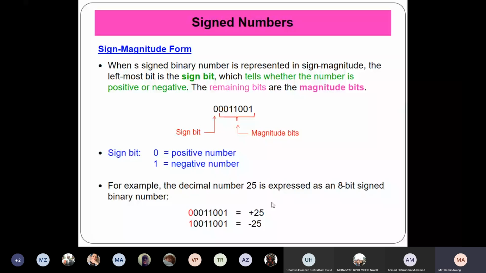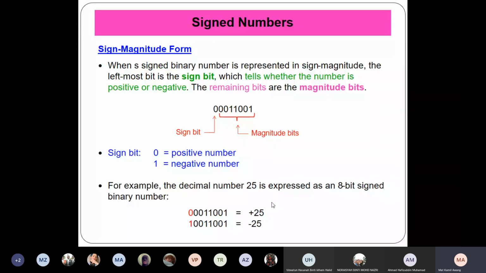Now it's signed numbers. Somebody asked me, how are we going to indicate in binary that a number is a negative number? In this case, we call it a signed number. We use a sign bit to indicate whether the number is positive or negative.